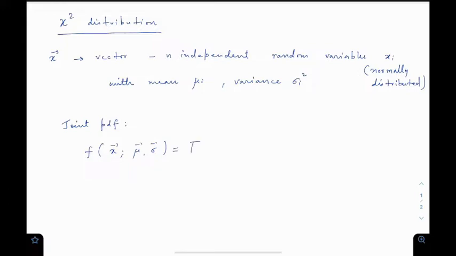So this is simply given as a product of n terms, each of which follows a Gaussian distribution.